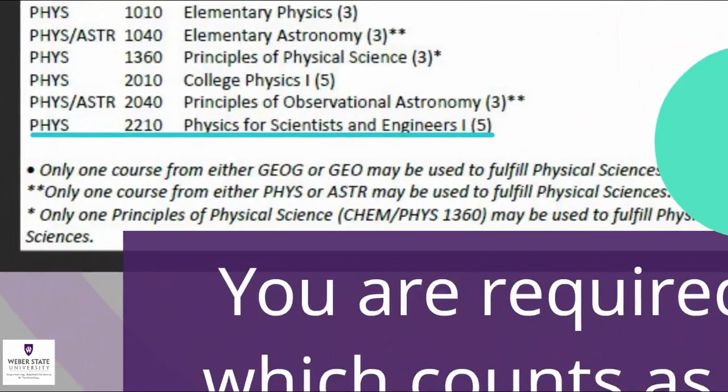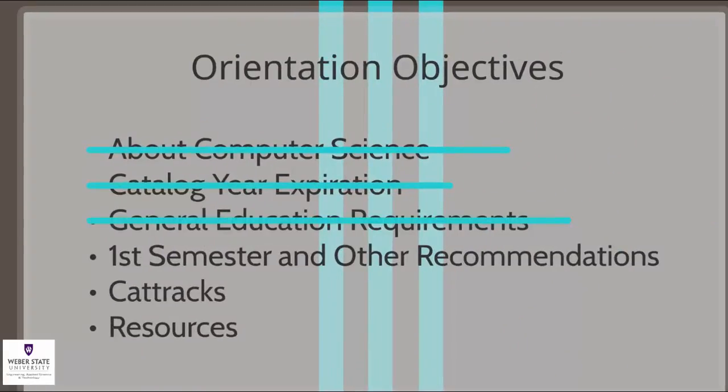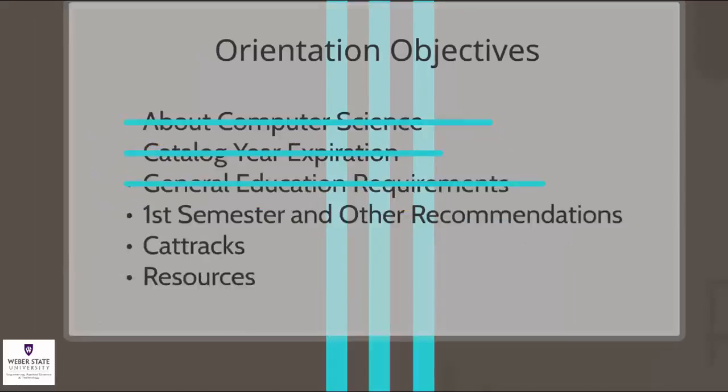Please note, only one course from either geography or geosciences and only one course from either physics or astrology may be used to fulfill the physical science requirement. This completes the general education breadth requirements.